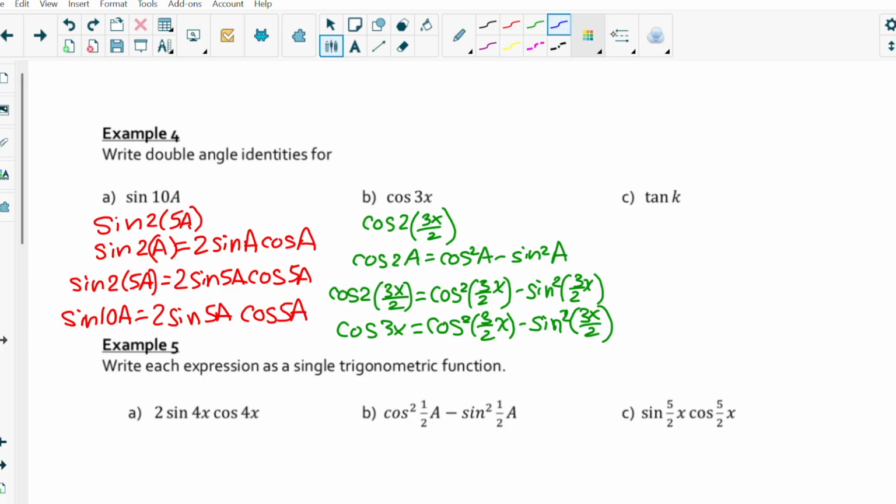Last one here, tangent of k. How can I show tangent of k in terms of a double angle? Well, I can do tangent of 2 times k over 2.